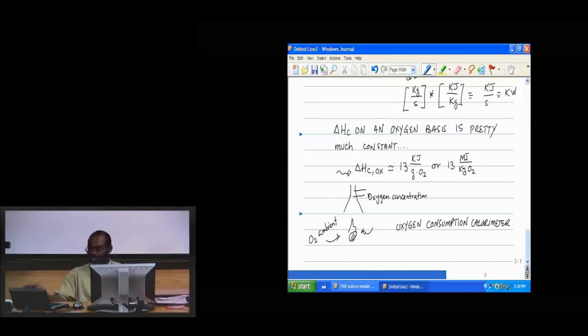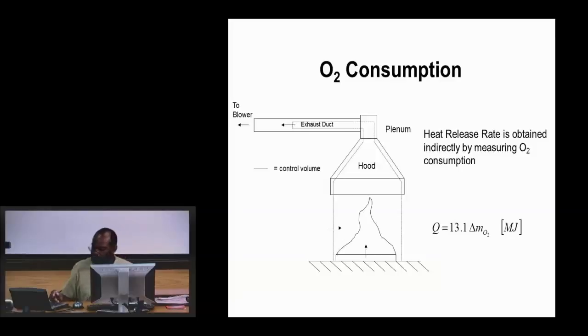Okay, so I'm going to quickly jump to the PC, and I'm also going to check the time. So this is our basic O2 consumption calorimeter. There's a mass flow rate of fuel. There's a mass flow rate of oxygen. There's this hood that captures the products. There's exhaust gas and a sampling system.